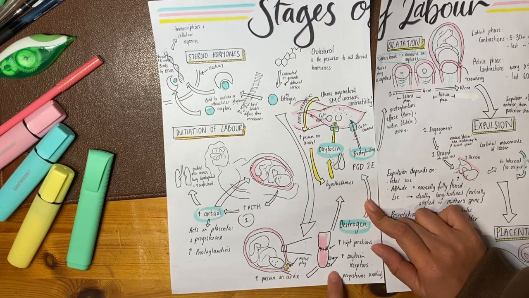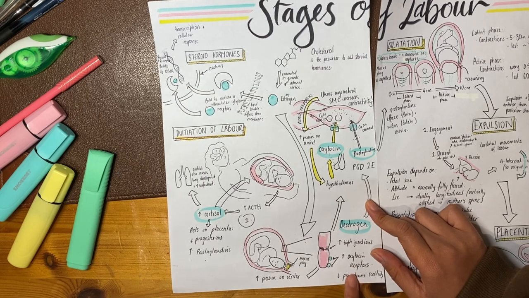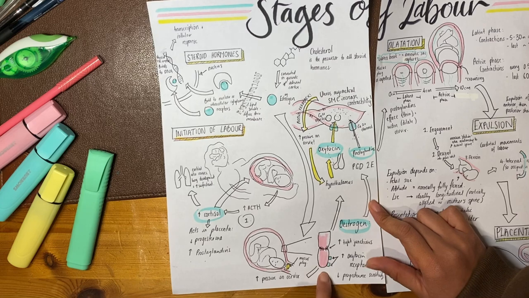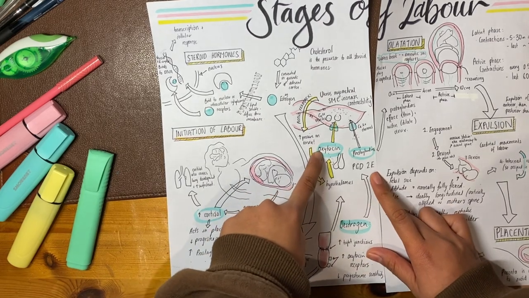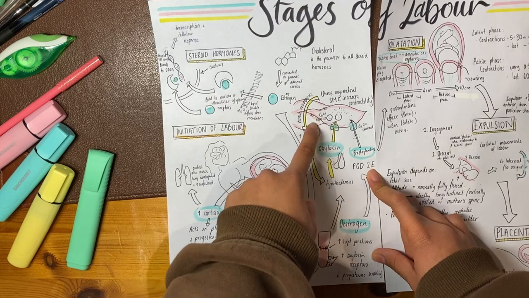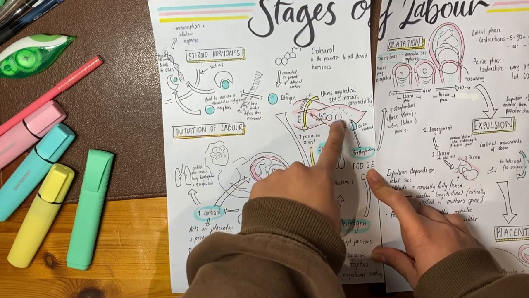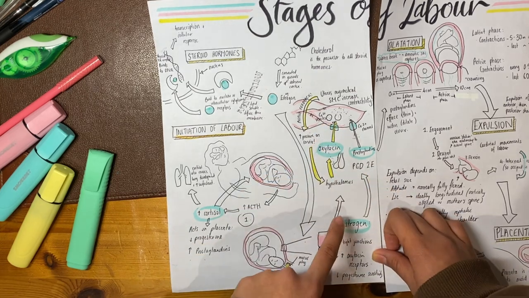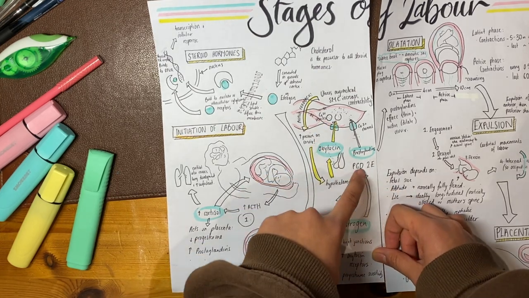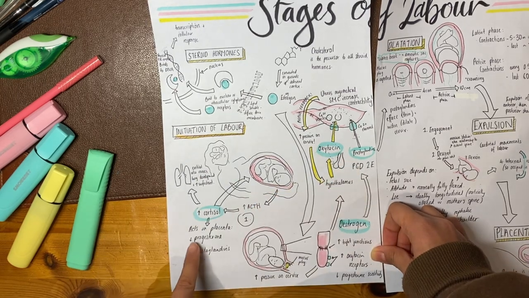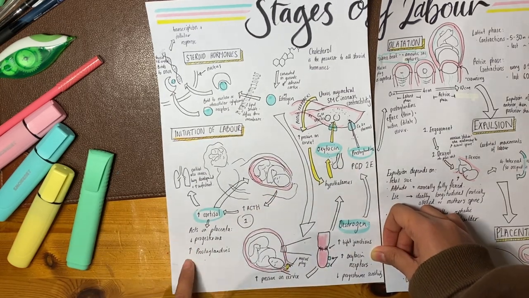So remember here, estrogen has increased the number of oxytocin receptors on our myometrial cells. Now what oxytocin is going to do is it's going to bind to those receptors and increase the release of calcium from vesicles within the smooth muscle cells of the myometrium. At the same time, estrogen has also increased the number of prostaglandins, which is also one of the effects of cortisol.